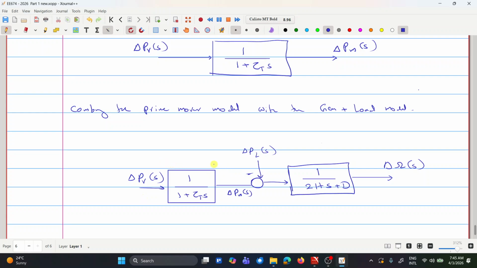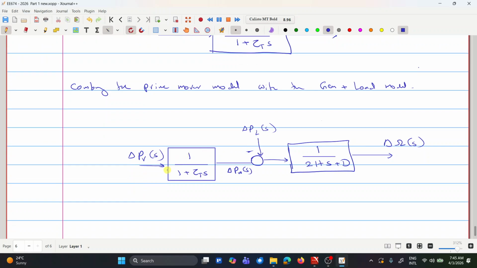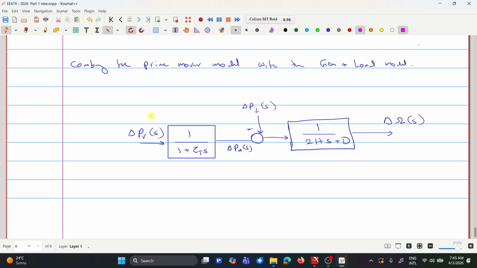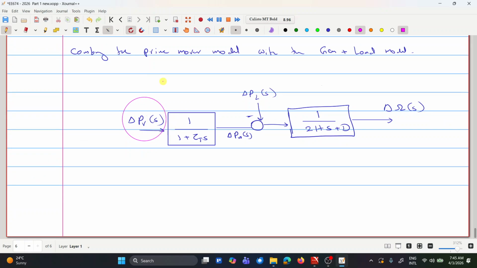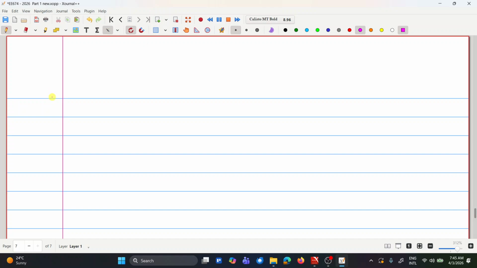Now the question is, where does delta PVS come from and how can we model it? As I said earlier, it has to do with the governor model. So next we will consider the governor model.